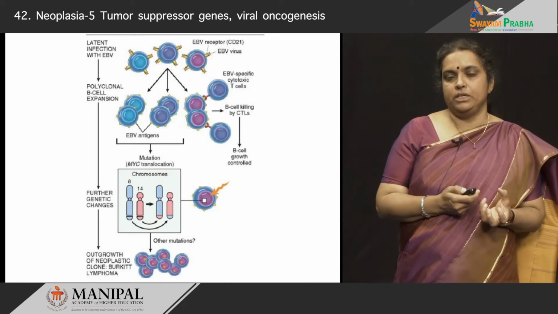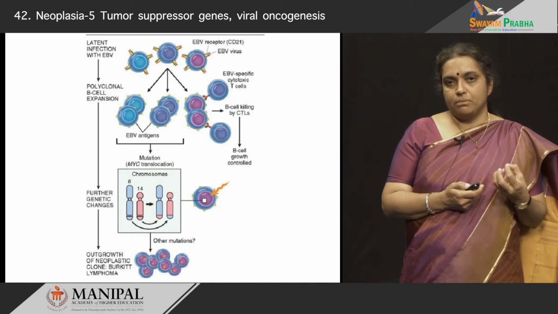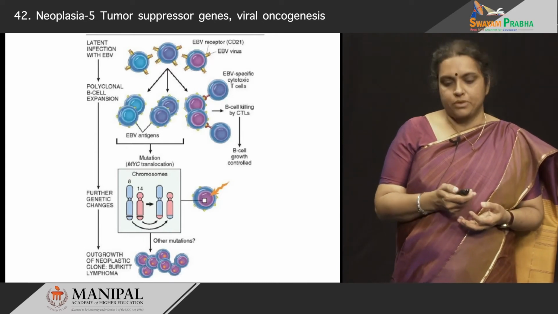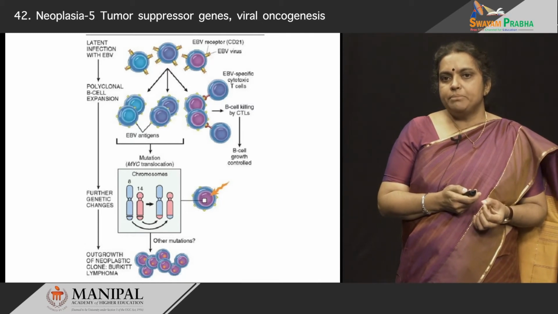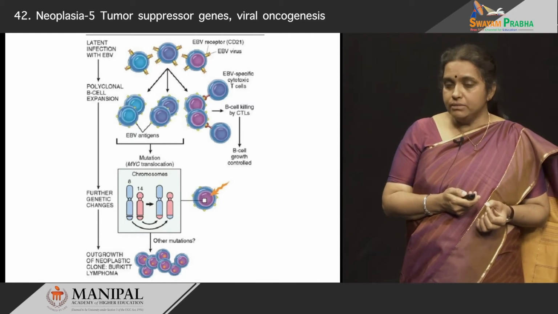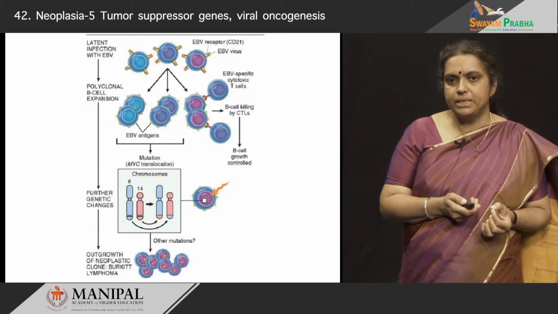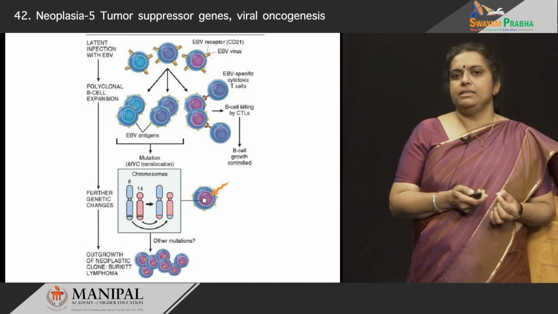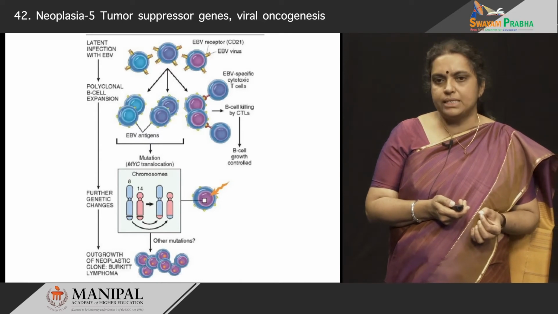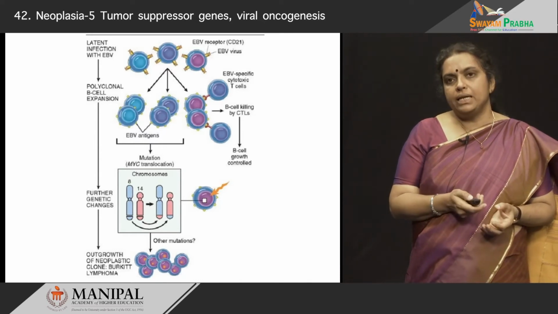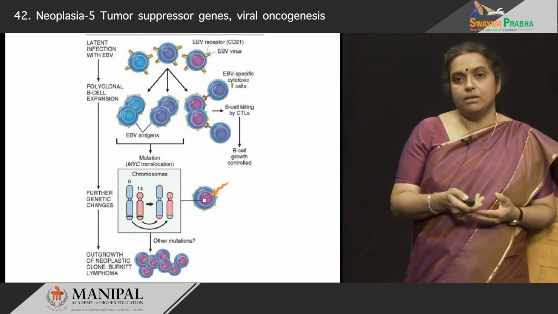So, initially it is a polyclonal process, and after acquiring additional mutations, it becomes a monoclonal process, which is nothing but neoplasm. Now, the EBV receptor binds to CD21, which is an antigen found on B cells. That is how it sits on the B cells, and then initially these activate the cytotoxic T lymphocytes and kills some of these cells, but then somewhere down the line additional mutations may be acquired, which causes it to become cancerous.